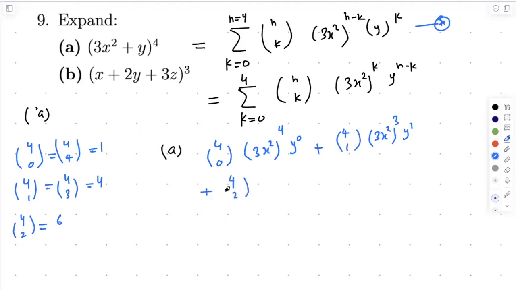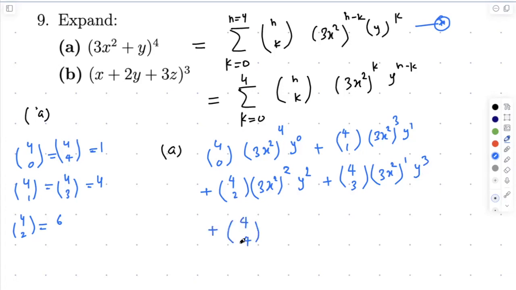Then after 4c2, 3x square power 4 minus 2, and y power 2 there. For the next case, it is 4c3, 3x square power 1, y power 3 there. And for the last case, it is 4c4, 3x square power 0, y power how much? 4 there. Anything power 0 is 1 there.